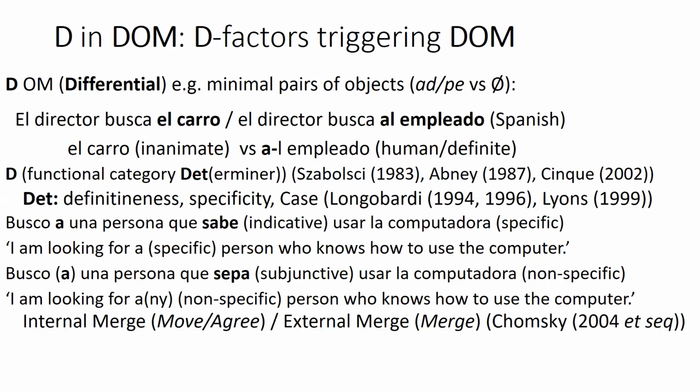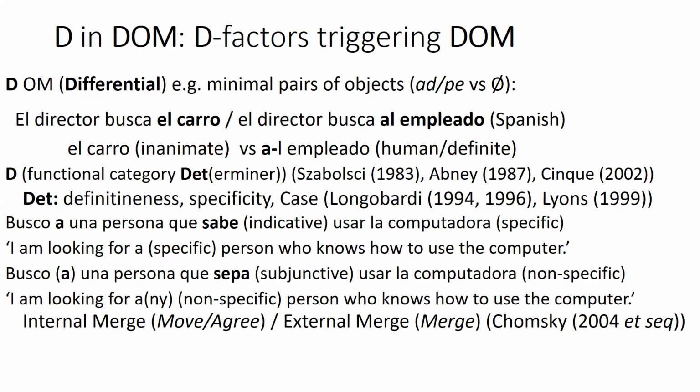And in line with recent, contemporary formal Chomskyan analyses of functional categories, functional categories can induce different types of merge: internal merge, which is largely in line with move and agreement, etc., and also external merge.